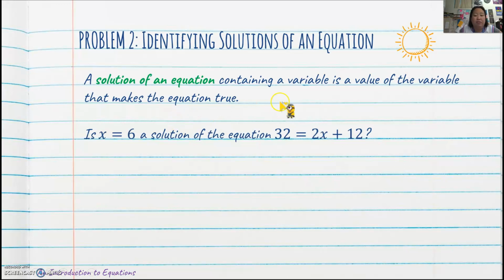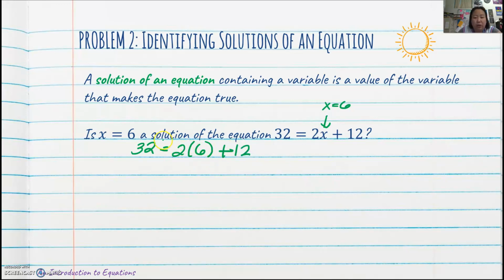Let's have this example. Is 6 a solution to the equation 32 is equal to 2x plus 12? What we will do is replace this x with 6. So that will be 32 equals 2 times 6 plus 12.